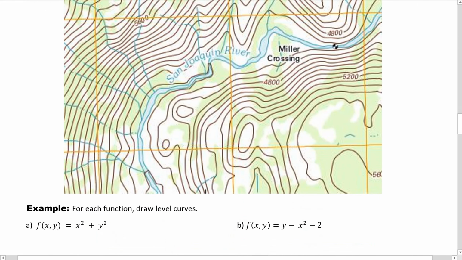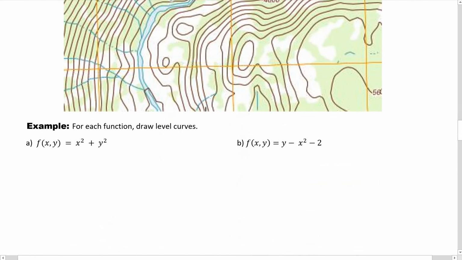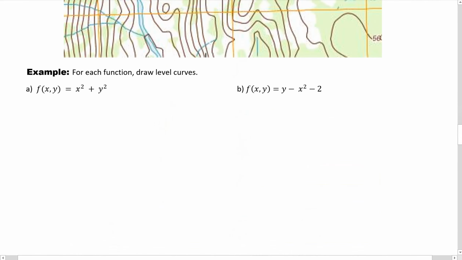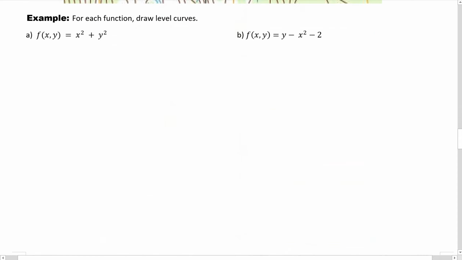And let's continue. So for each function, let's draw the level curves. Okay, so how do we do it? Well, this is like the z, right? We consider z is like a constant c. Okay, and we want to think about, what are the possible values for c?